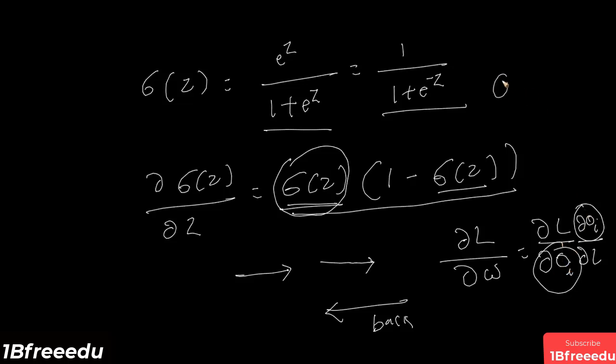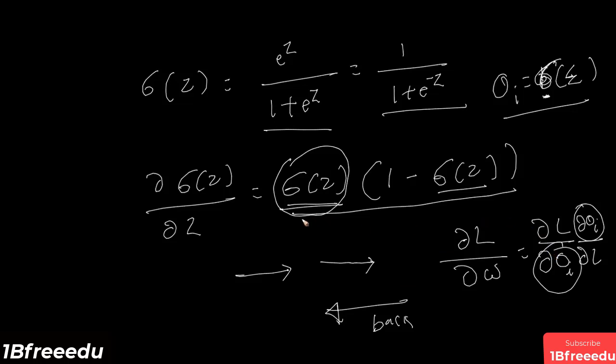This O_i is coming out of this sigma, right? So ultimately we'll be taking the derivative of this sigma. That means in the backward propagation phase, we will need to compute the derivative of sigma.